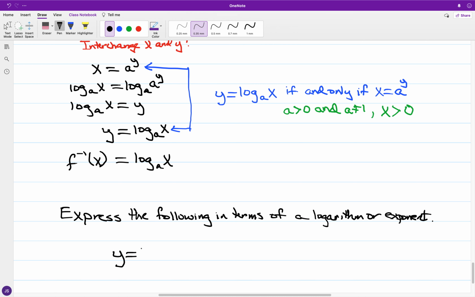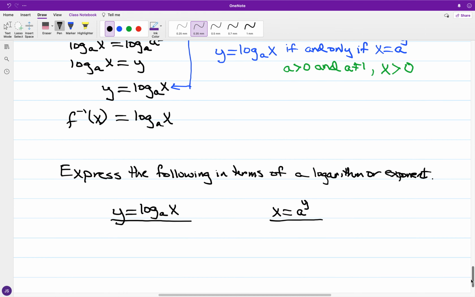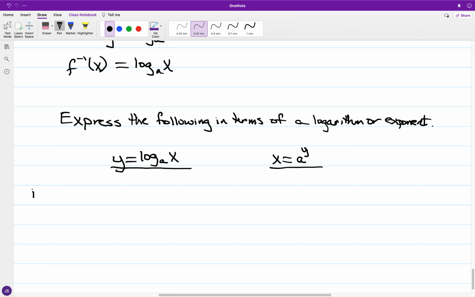Okay, so you have, on the one hand, y is equal to the base a logarithm of x. And we have x is equal to a to the y. And we'll say for the first item that 3 is equal to the base 5 logarithm of 125.